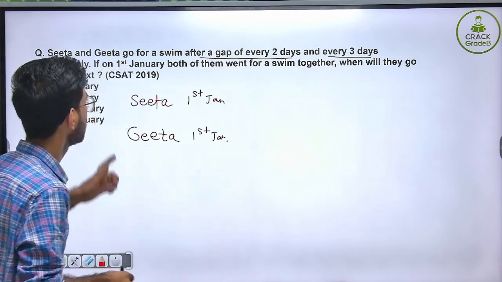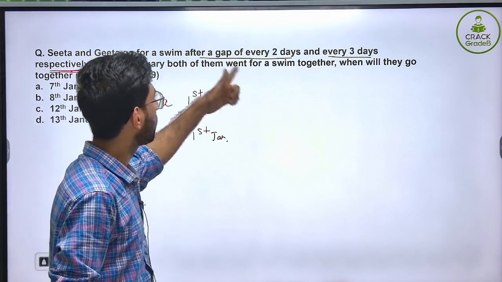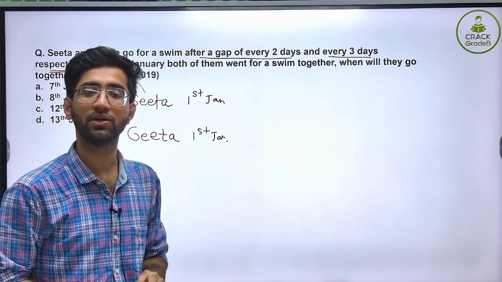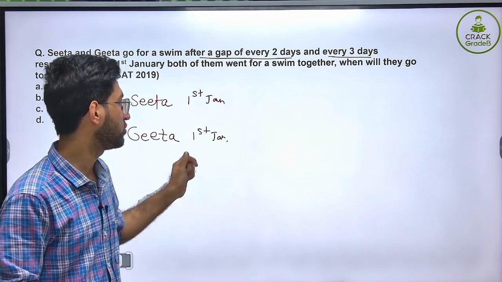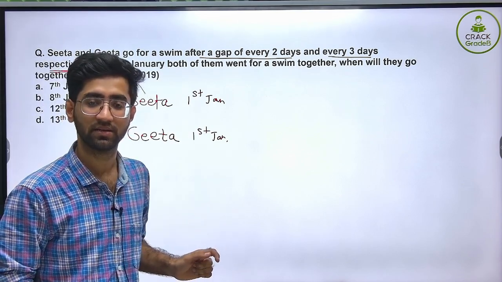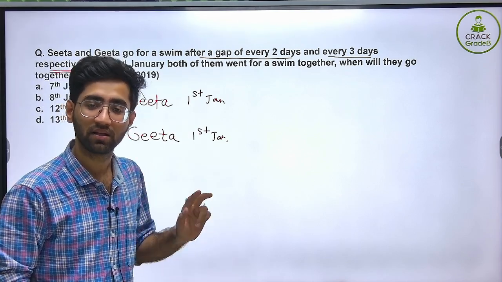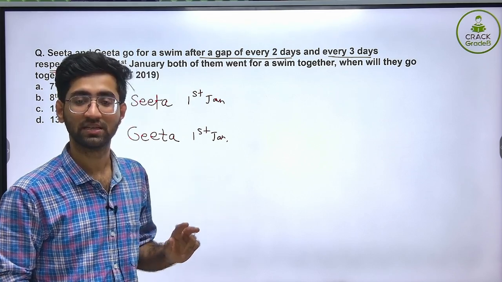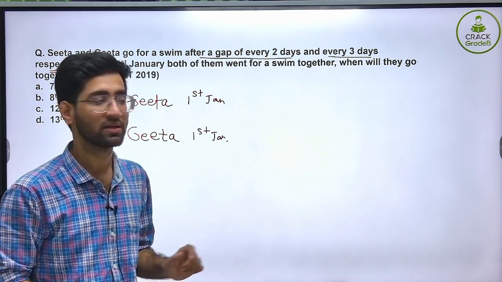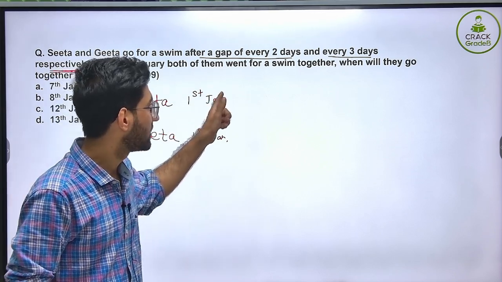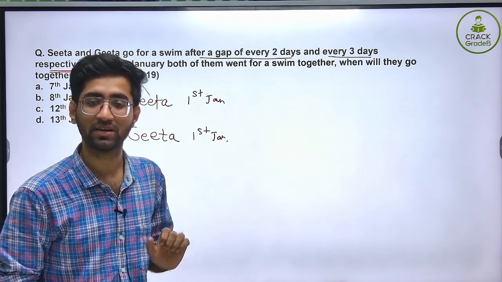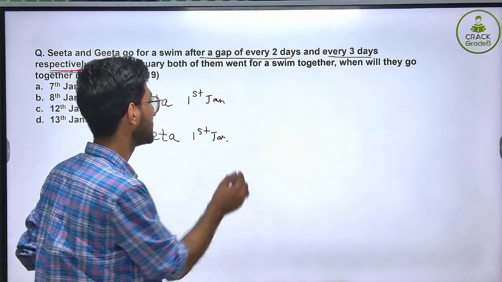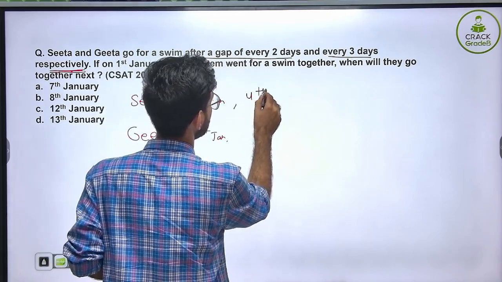Now we know that Sita goes after a gap of every 2 days. Means if Sita went for swimming on 1st January, she will take the gap of 2 days. Then she will go for swimming. Means Sita will not go on 2nd January, Sita will not go on 3rd January, right? Means Sita will go on 4th January.